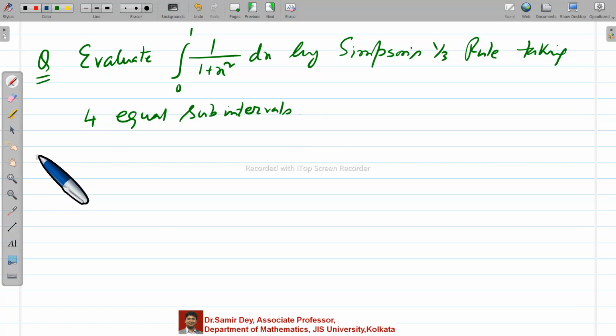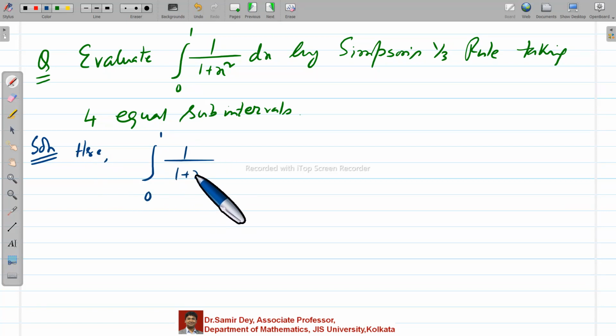Now try to understand how to proceed, same like the trapezoidal rule. So here first you write down your given information, 0 to 1, 1 by 1 plus x square into dx.